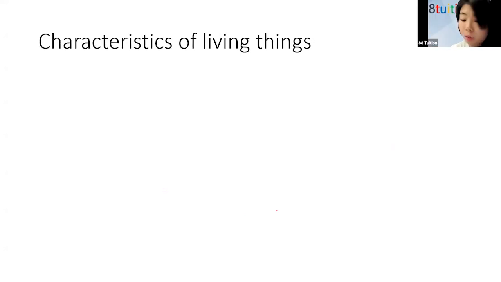Now, characteristics of living things. We have a few. In school, what has teacher taught you? How do I know if something is a living thing? It reproduces. Okay, that is one of them. What else do you know? They must be able to reproduce. What else?